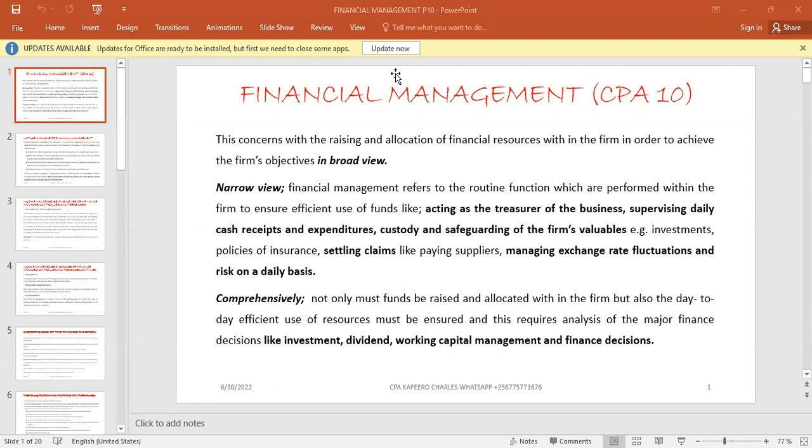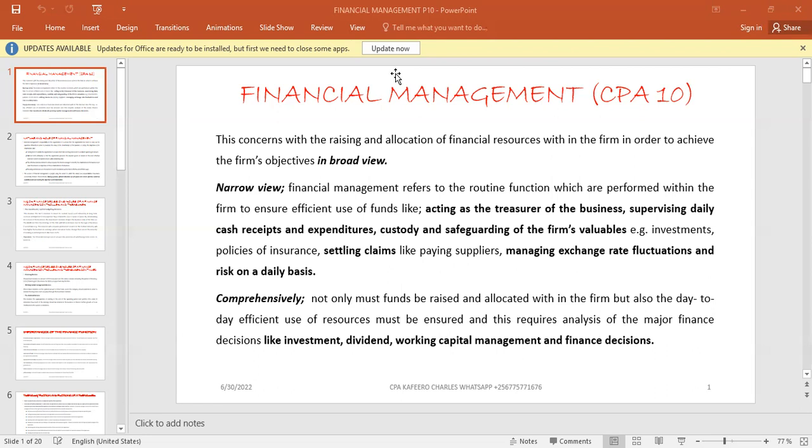So if you try to look at the broad aspect, you are saying that not only must funds be raised and allocated within the organization or the firm, but also the day-to-day efficient use of resources must be ensured.